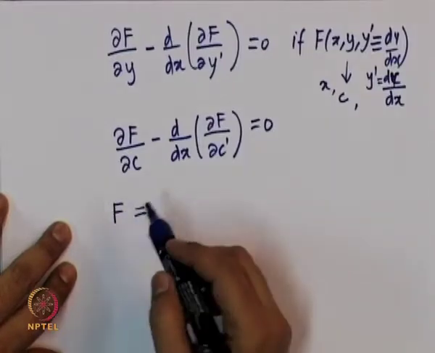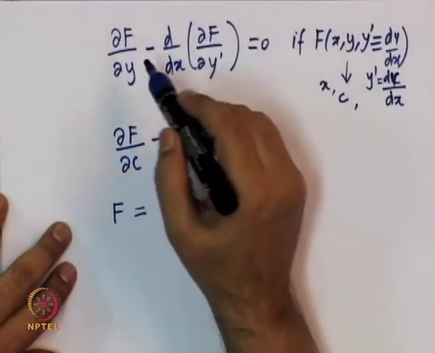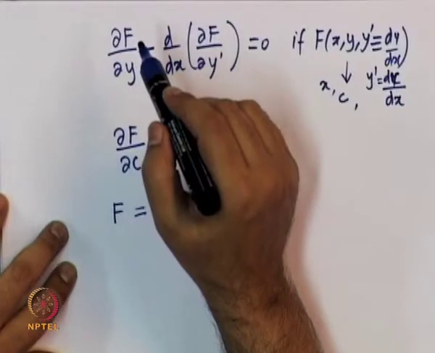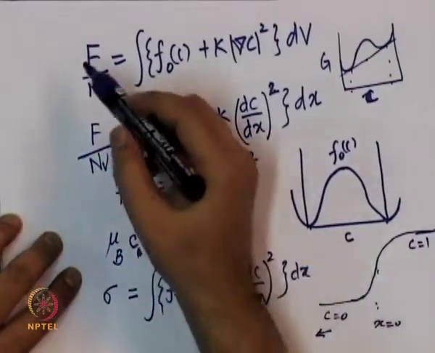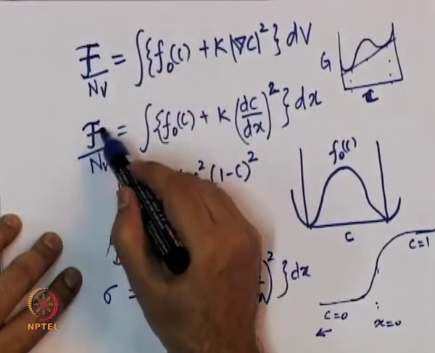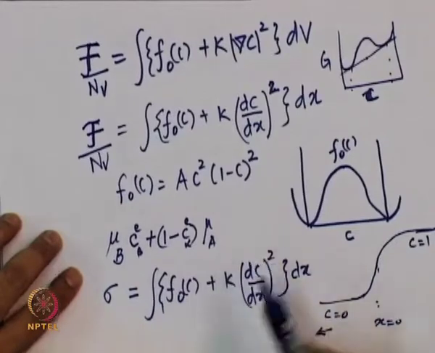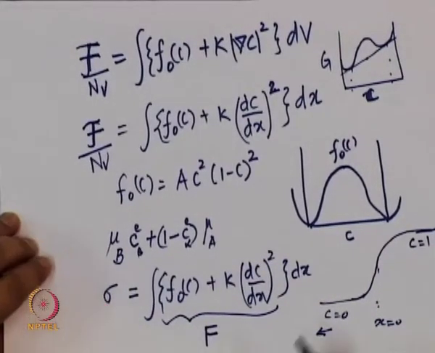Okay, so let me go back and change the symbol a little bit. Let me call this script F, and what I call f is basically this quantity, the integrand.